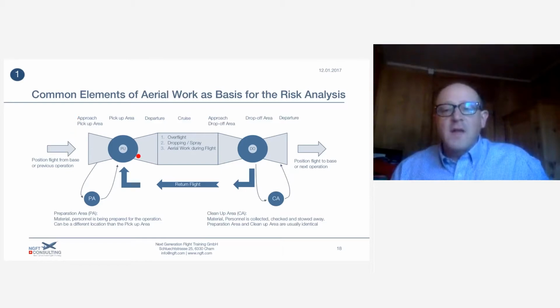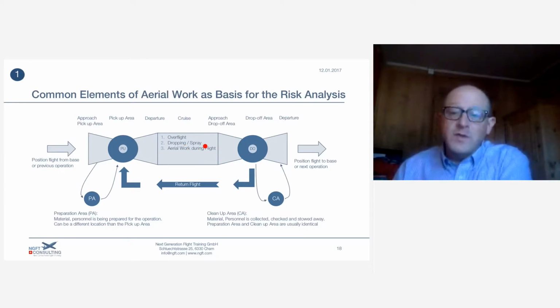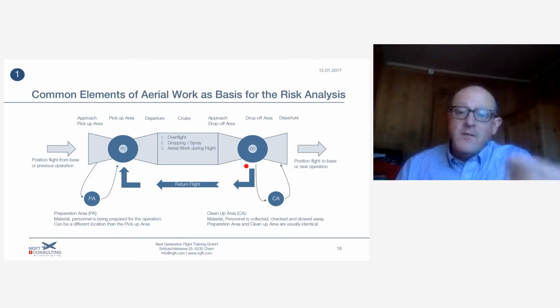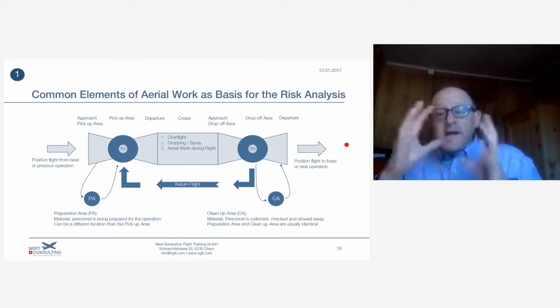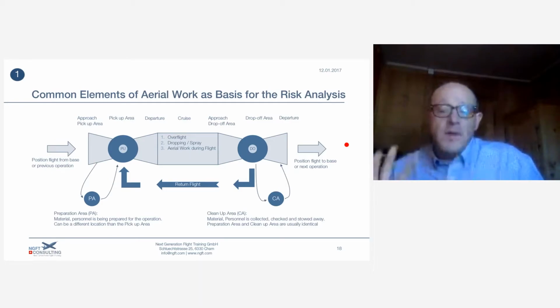So basically, for example, we have a pickup area or preparation area. Then there's an overflight where we actually perform the operation, or we transport something and we drop something off, we return for another part, and then we depart again. That's a very simple model, but we can use it for basically all aerial work operations.